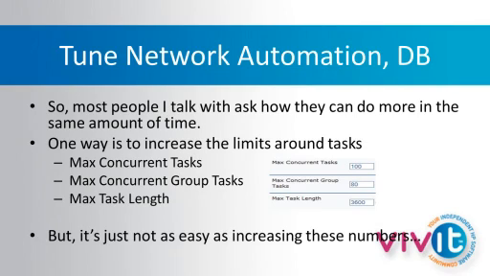Well, maybe not obviously, but the numbers that you see here are actually what we've increased ours to, but the defaults are much smaller. It's very tempting to go in and say, oh, well, we need to be able to do 1,000 tasks all at the same time.